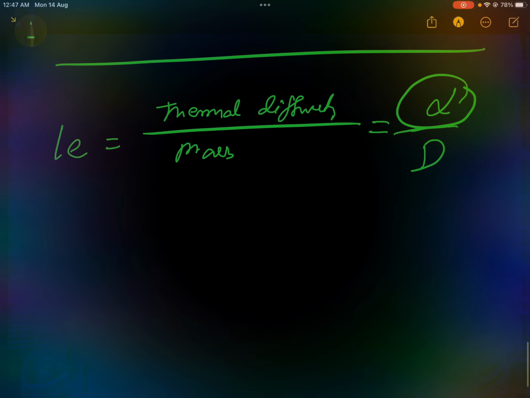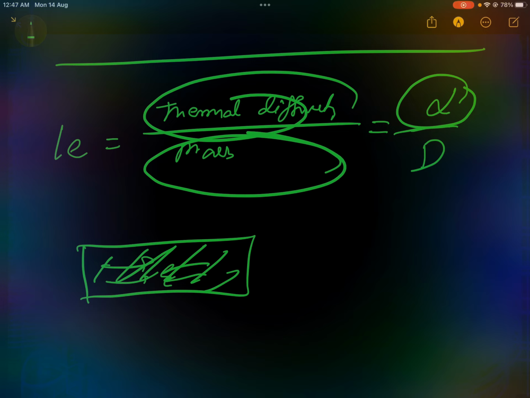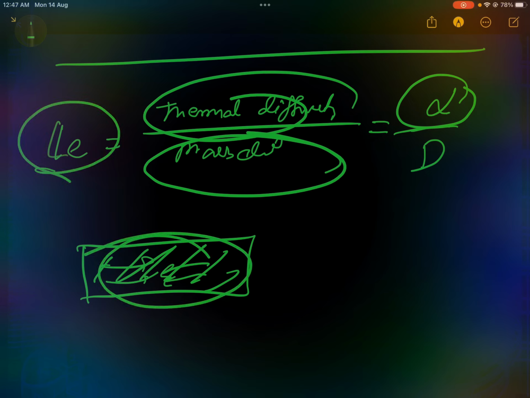Let's say we have some reactant or chemical material, and some chemical reaction is taking place within it, and because of that reaction some heat is also generated. We want to know the ratio of the thermal diffusion to the mass diffusion, that is, how much thermal diffusion is dominating over the mass diffusion of that chemical reaction. So it basically deals with chemical reactions where heat is also involved.